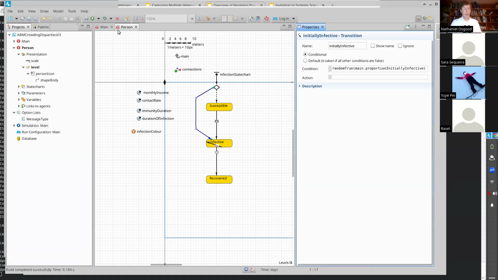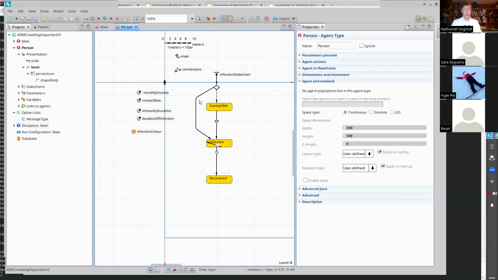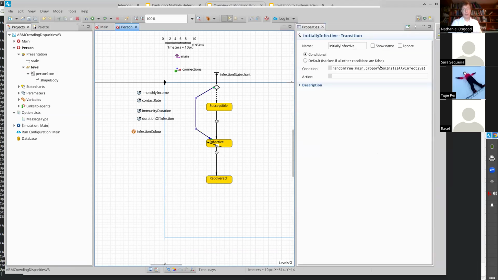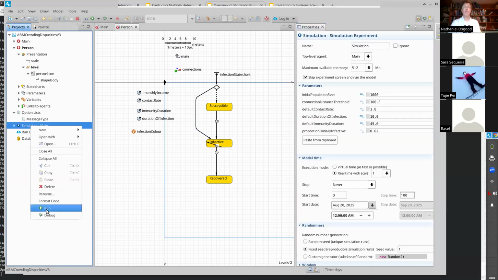This parameter lives in main. So for in person, we have to refer to it up in main. It's not that it's going to vary per person. No. It's just one parameter for the whole population. It's a parameter at the whole population level: the proportion of the whole population that's initially infected when we want to refer to that. Okay. There we go. Now let's run this thing.